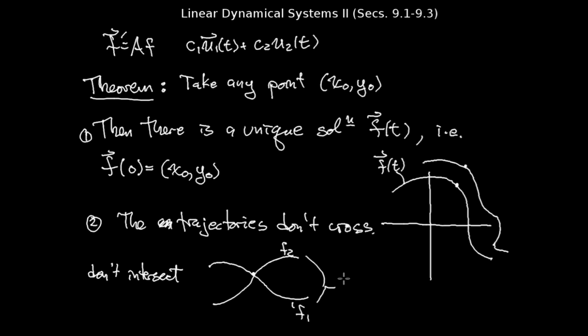These would both be solutions satisfying f1(0) equals f2(0) equals that point x0, y0. So this statement here, the business about there being a unique solution with a given, this is called an initial value. I should emphasize that.